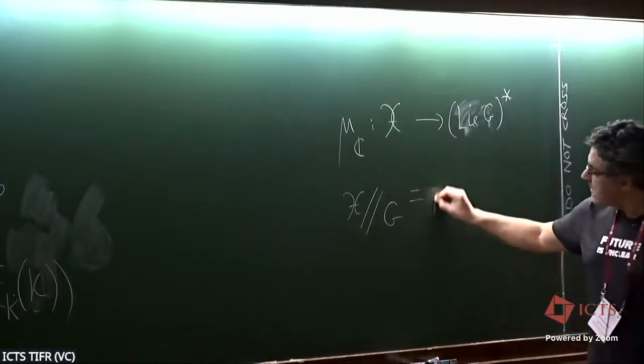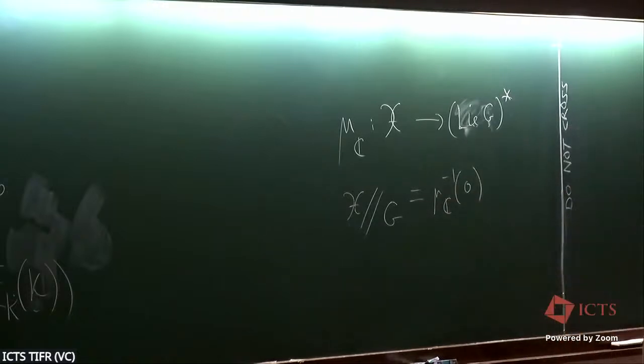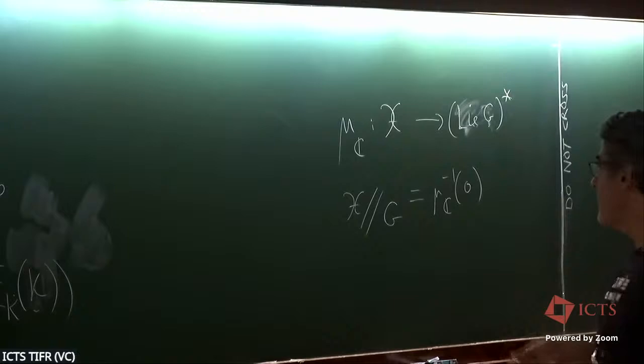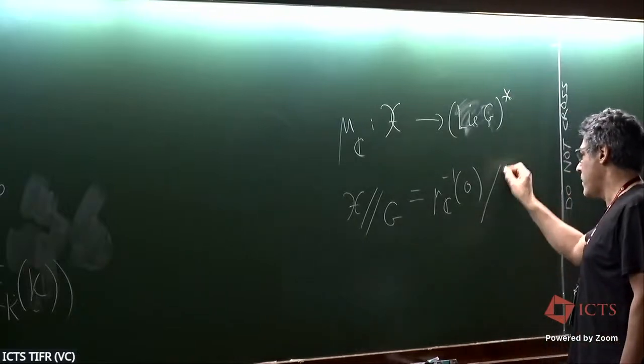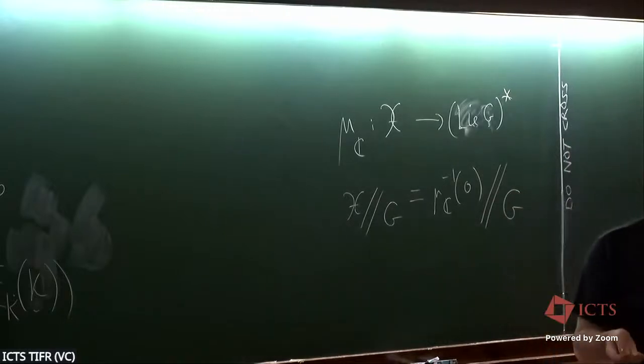You first reduce to the vanishing of this complex moment map, and then if you have some real symplectic structure, or some line bundle with a linearization of G, then you can compute the quotient as a symplectic reduction by the maximal compact group or as a GIT quotient.